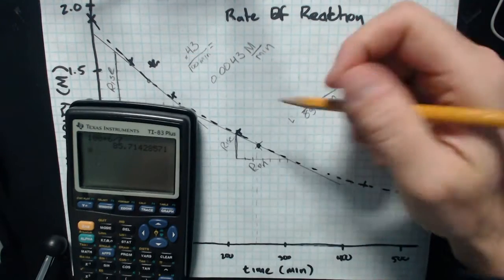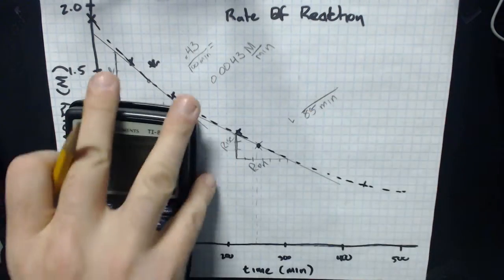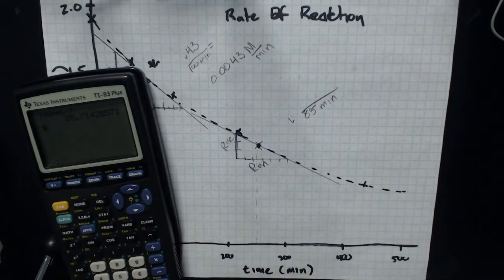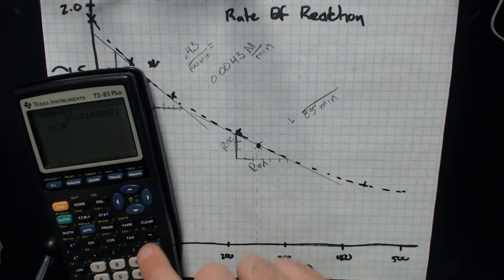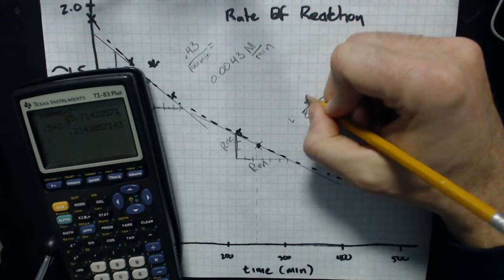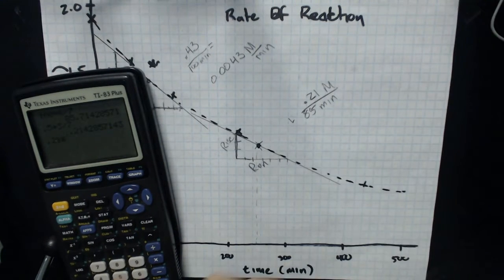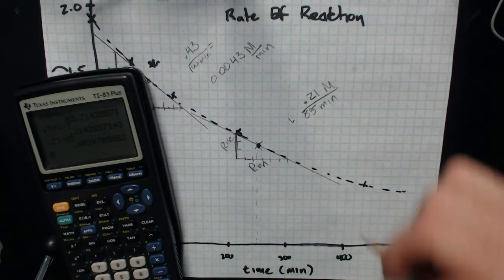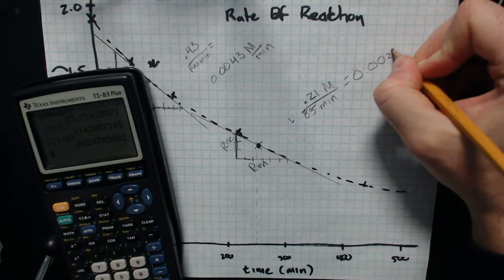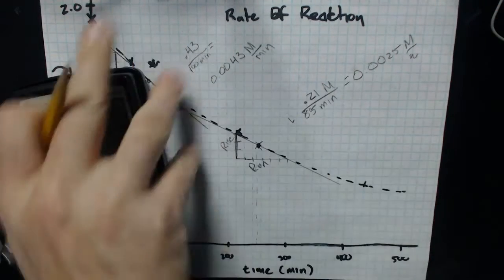And now the rise is 3, okay, but it's not 3, it's 3/7. Okay, so it's 0.5 times 3 divided by 7, and so it's 0.21 molar. Okay, so 0.21 divided by 85 equals 0.00225 molar per minute.